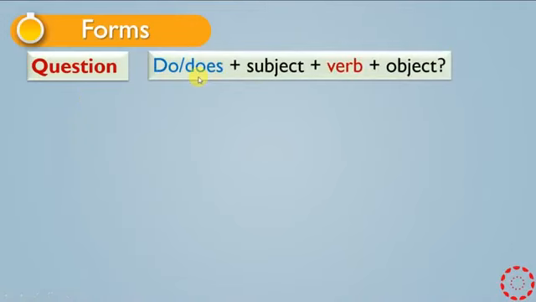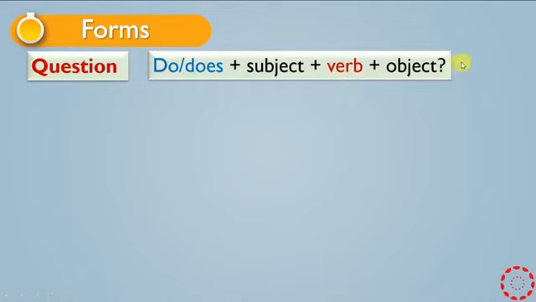Now, how can we make the question form for present simple? Look, we move do or does to the initial position, or we put them at the beginning of the sentence, and then we have subject, and then we have the base form of the verb.